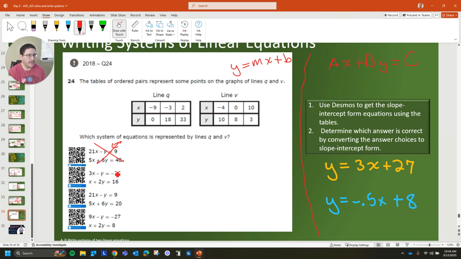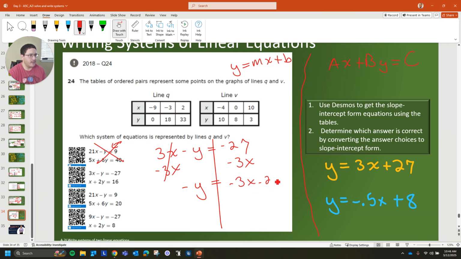I'm going to start with this equation here: 3x minus y equals negative 27. So I'm going to subtract the 3x from both sides. I have negative y is equal to negative 3x minus 27.